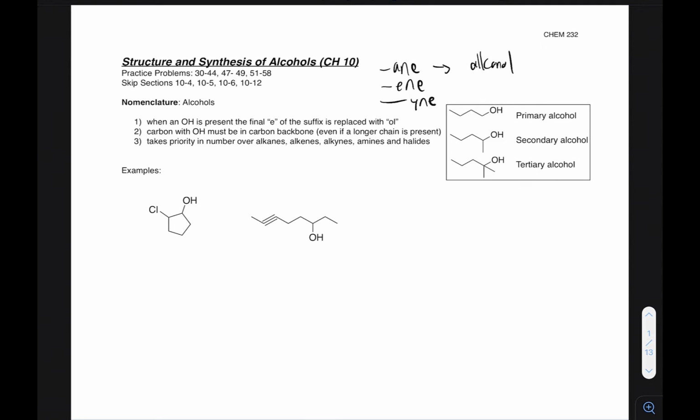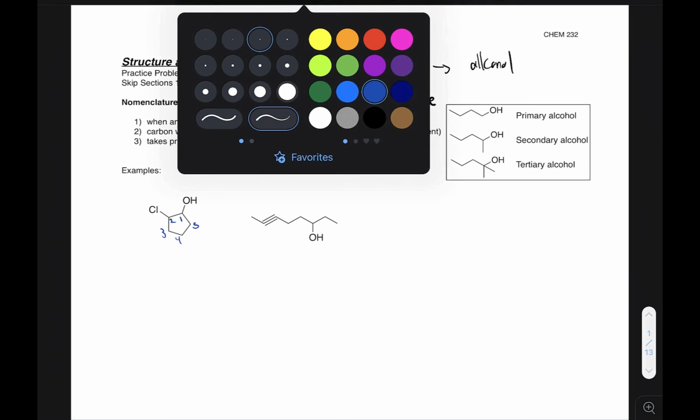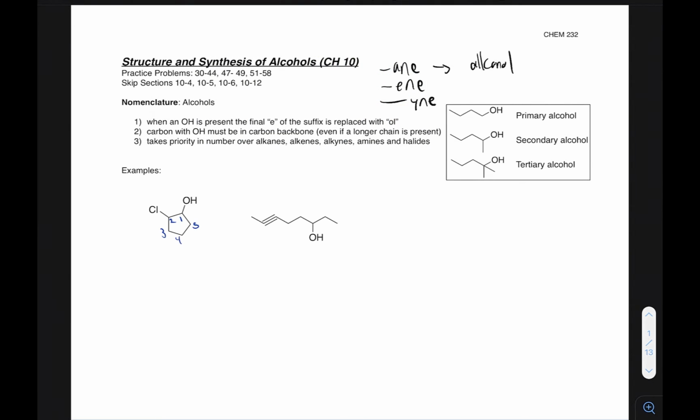So looking at this first example here, right over on the left, we see we have this alcohol present. So we would number it like this, with the OH being 1, chloro being 2, and then going around the ring like so. And if we were going to put this name together, we would do it like this. We would say 2-chlorocyclopentanol.